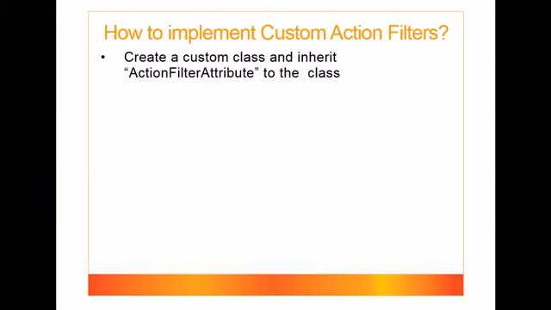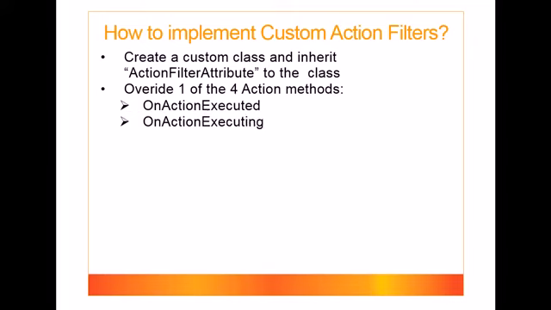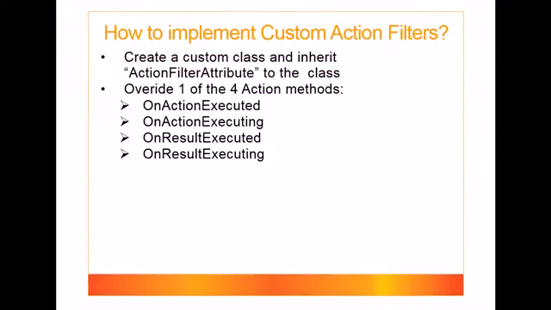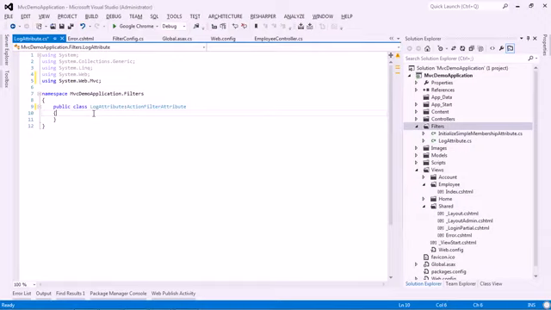So we have created a custom class and inherited the ActionFilterAttribute. After doing this, we have to override one of the four action methods. We can override all four or any of the methods present in this ActionFilterAttribute. These are the four methods: OnActionExecuted, OnActionExecuting, OnResultExecuted, and OnResultExecuting.